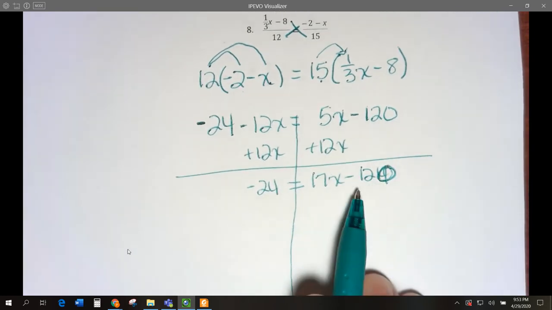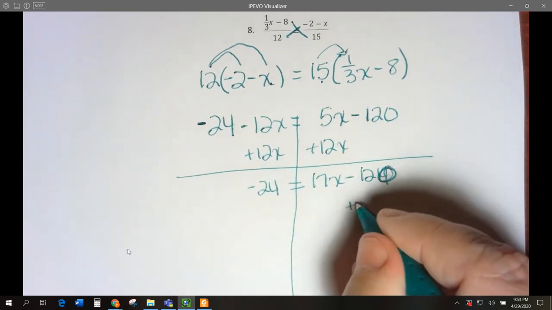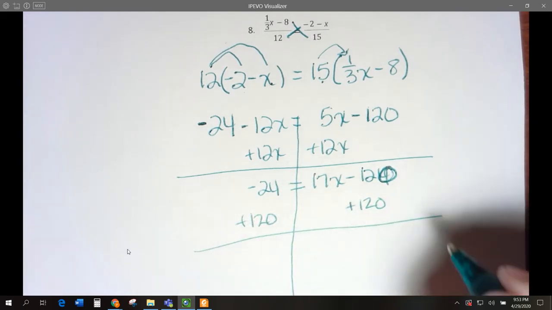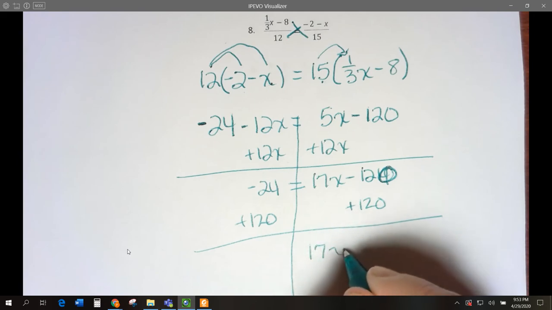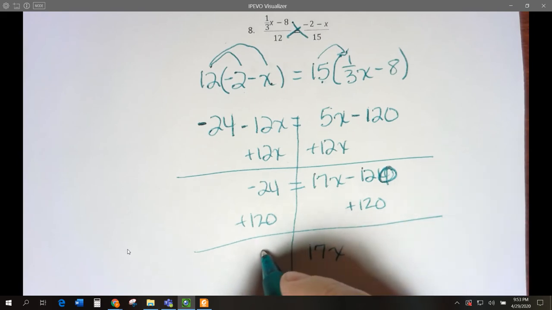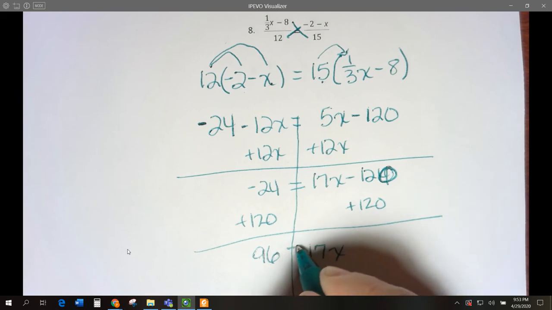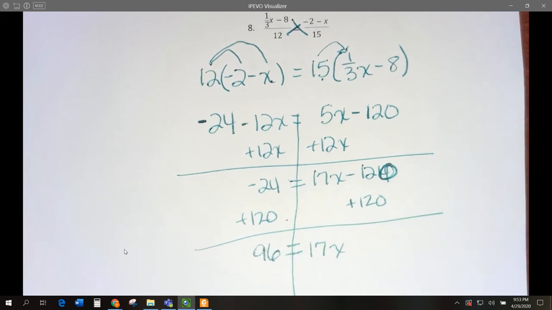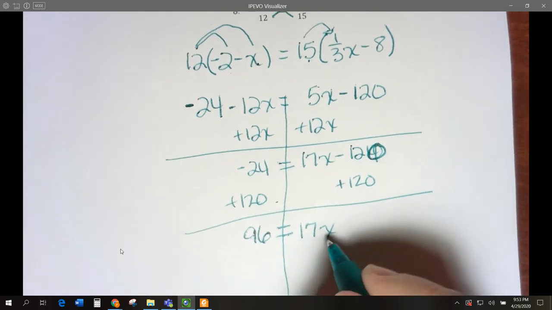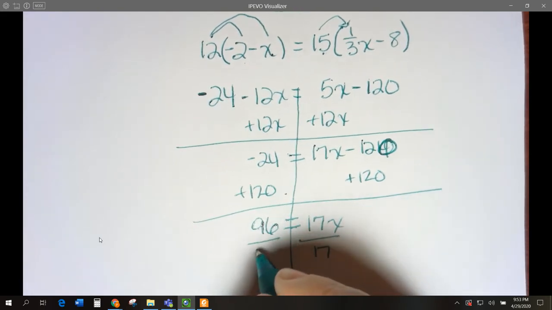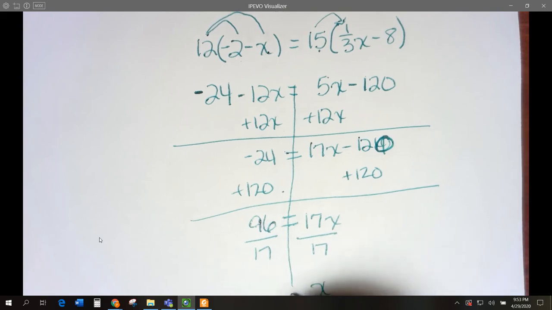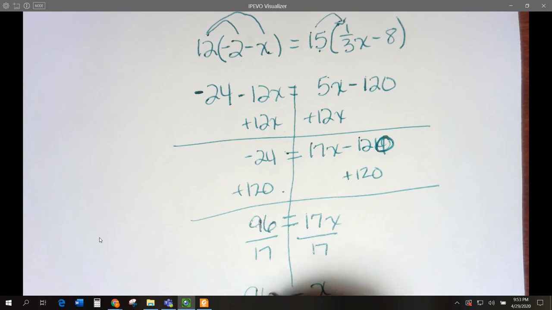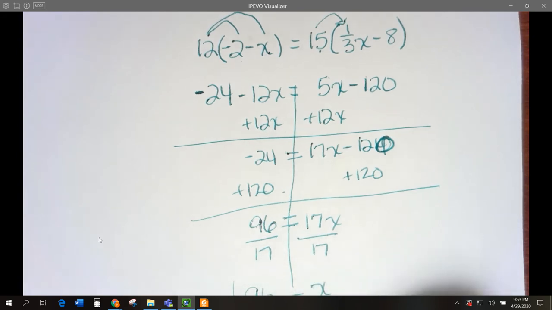Now we're going to add the 120 to both sides. So 17x is going to be 96. Negative 24 going up 120 would get us to 96. Now we're going to divide by 17. And x is going to be 96 divided by 17.